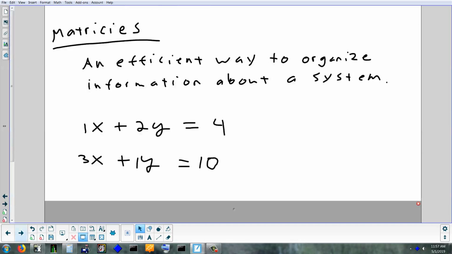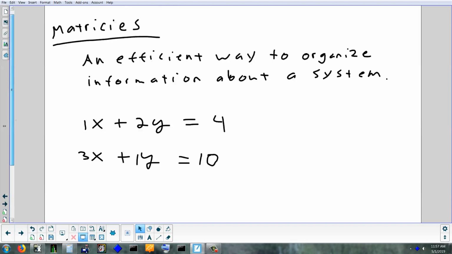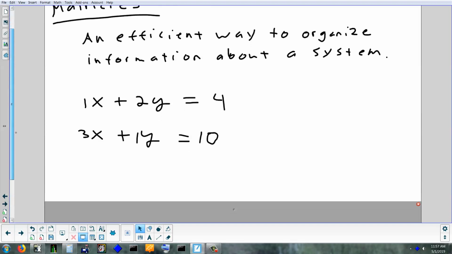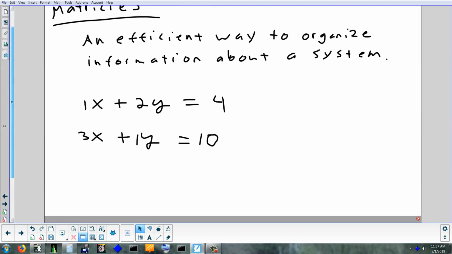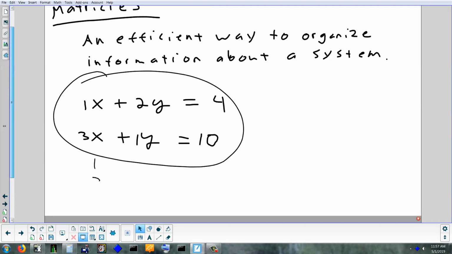All right, so matrices, we're never really going to get into how to solve systems with matrices. That would have been tomorrow. But the nice thing about a matrix is if I want to write all this stuff down right here, all I have to write is this. So what it basically does is it shortens up me having to write an equal sign and having to write letters. You don't write variable letters when you use matrices.